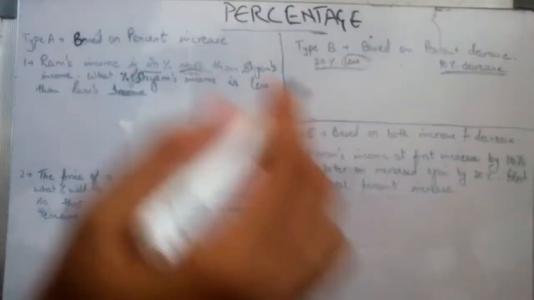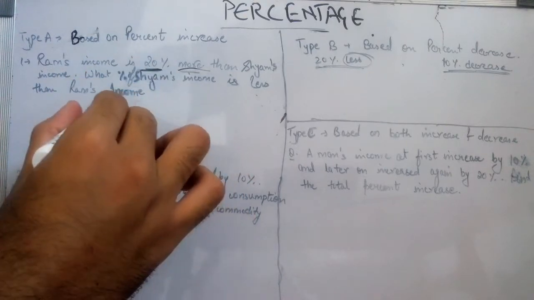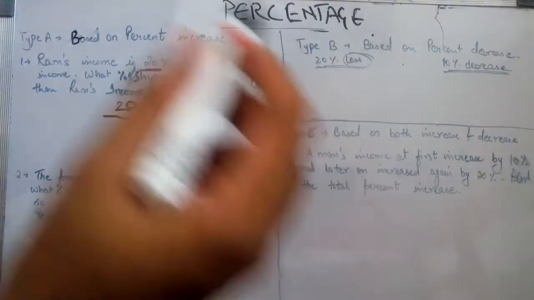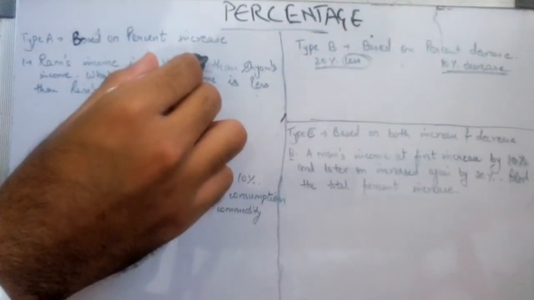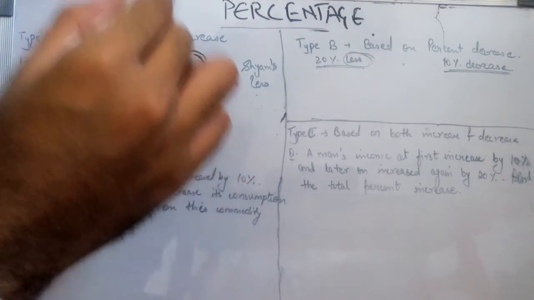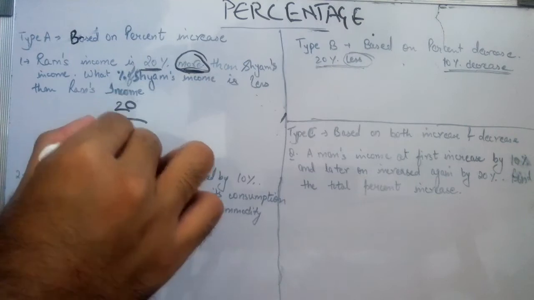Doing this type of question, first use this number which has been given here, 20. Now it is saying that it is 20% more. Please keep an eye here that it is talking about more. So 20% more means equals to 120.